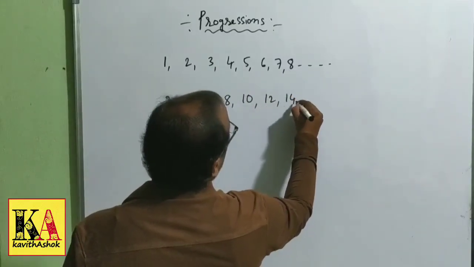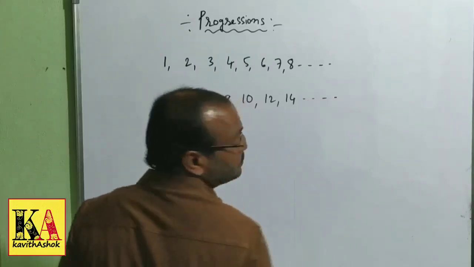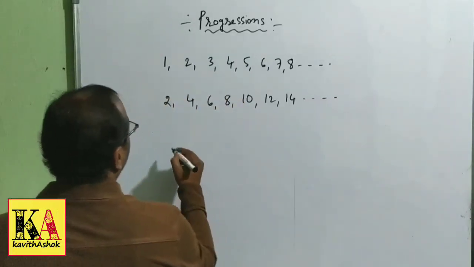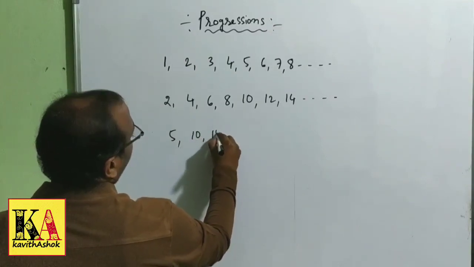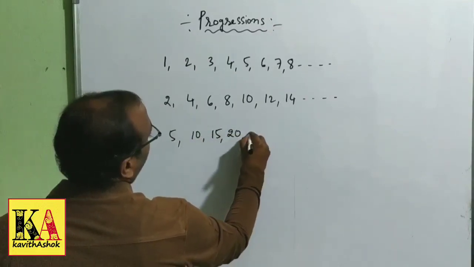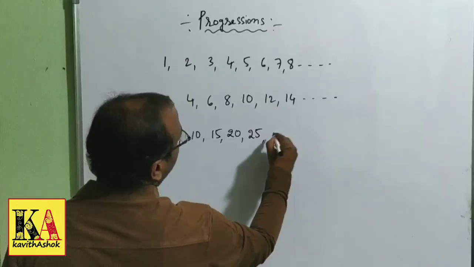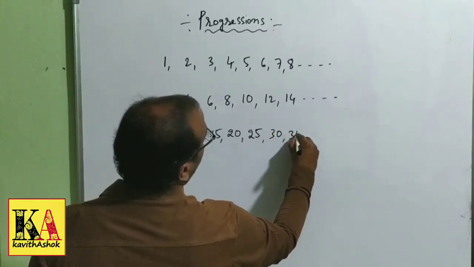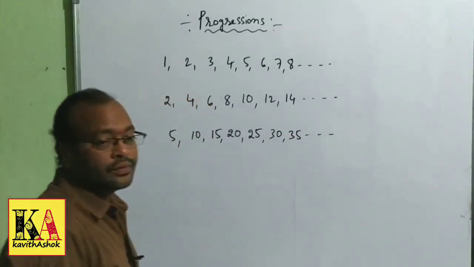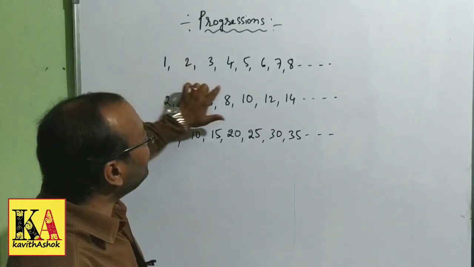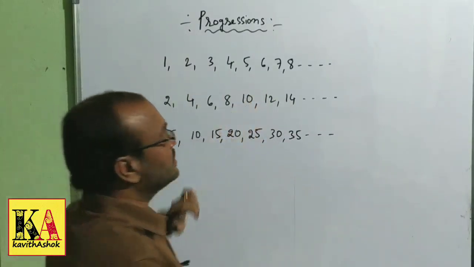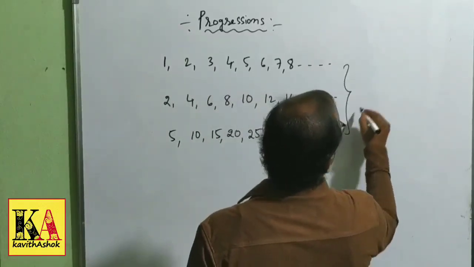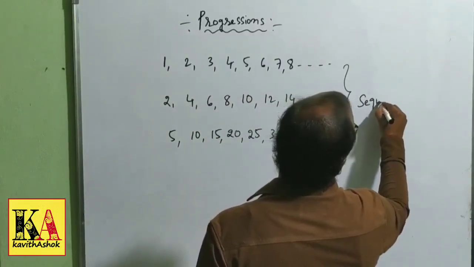Next 14. And so on. Suppose 5, 10, 15, 20, 25. What is the next number? 30. Next 35. And so on. If we write the elements like this, it is called a sequence.